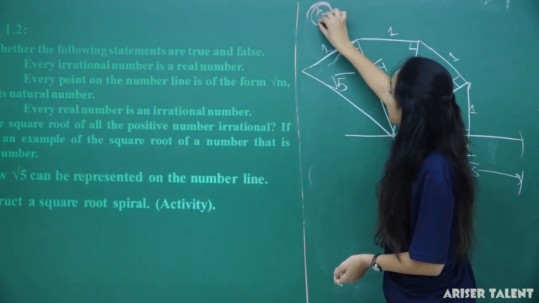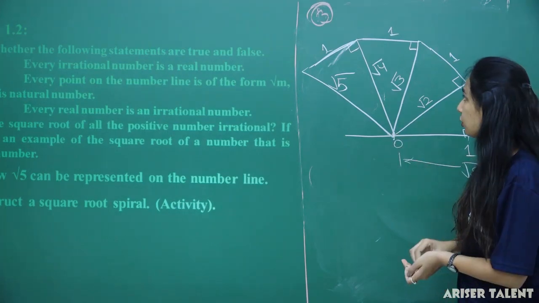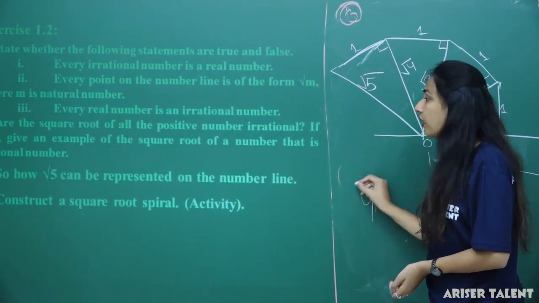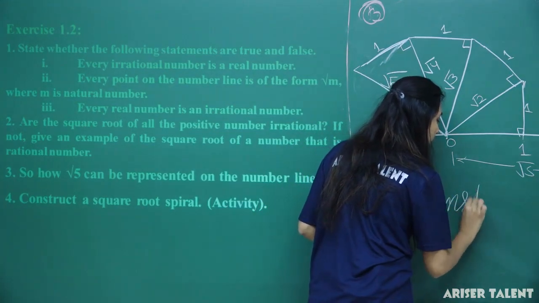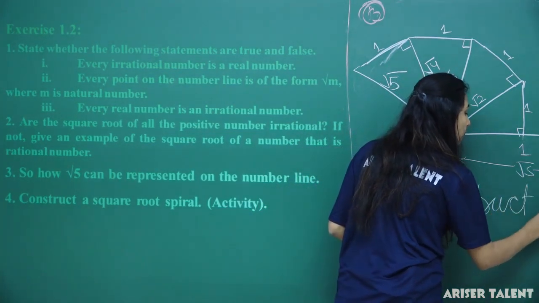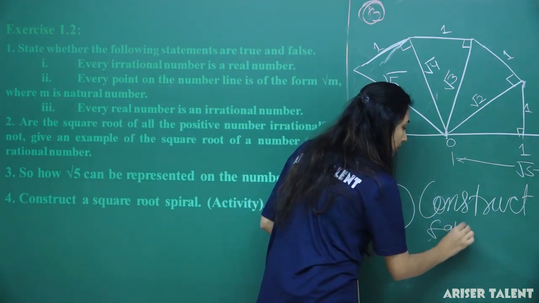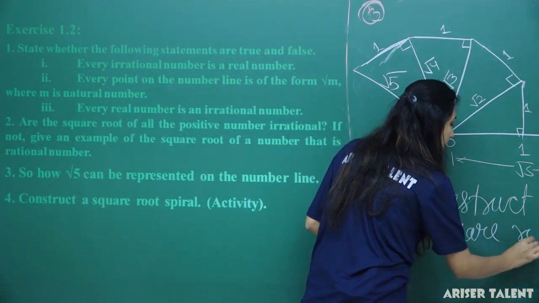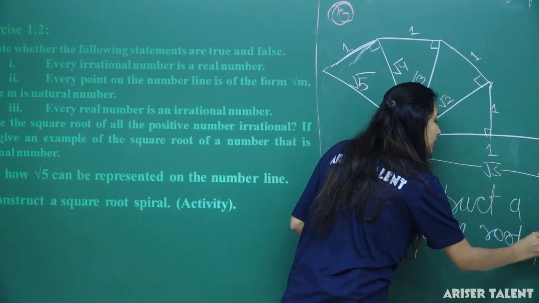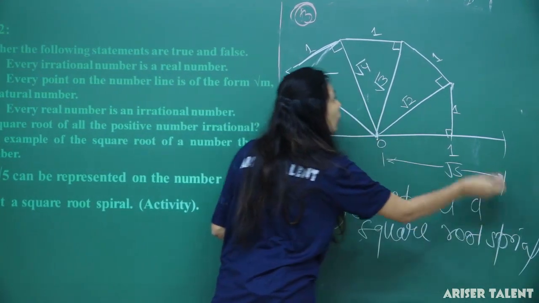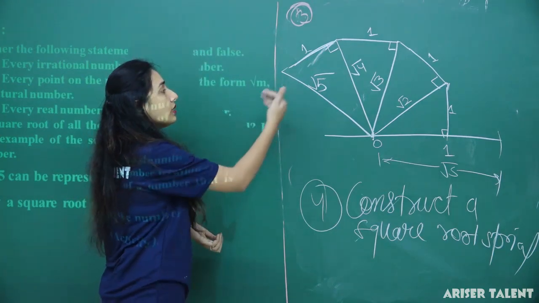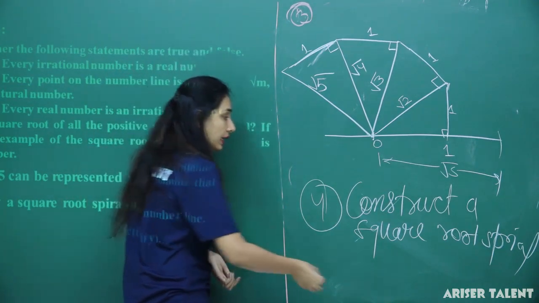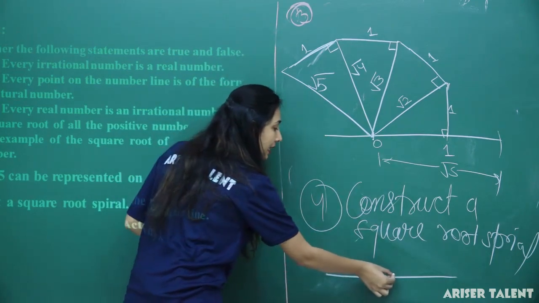Now we are discussing question number 4. Construct a square root spiral. This is the same construction we are drawing here. If we extend this to root 6, then root 7, the pattern will be something like this.